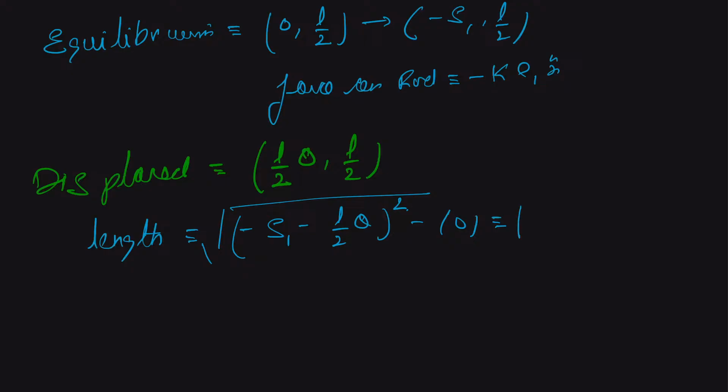We have to take its modulus, so the square is going to cancel out here, and this will be coming as minus S1 minus L by 2 times theta.